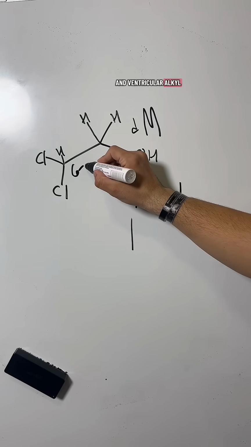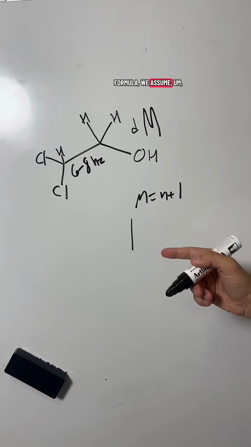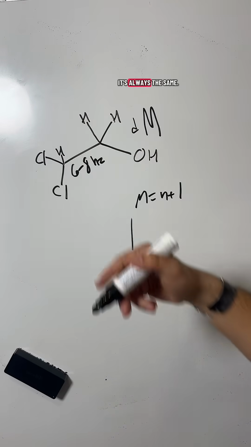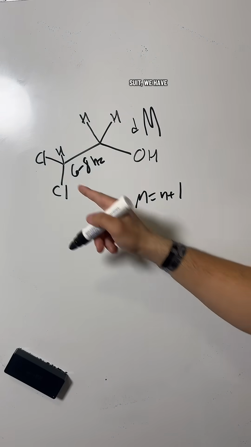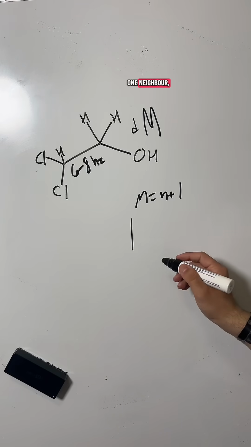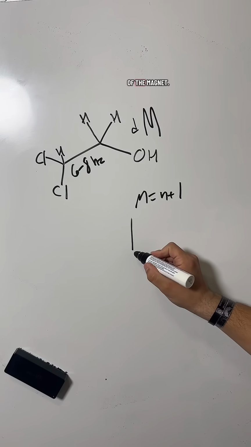Vicinal alkyl coupling is roughly 6 to 8 hertz, and for this formula, we assume that it's always the same. We're operating under that assumption. So for this, we have one neighbor, so it's experiencing the field of the magnet.